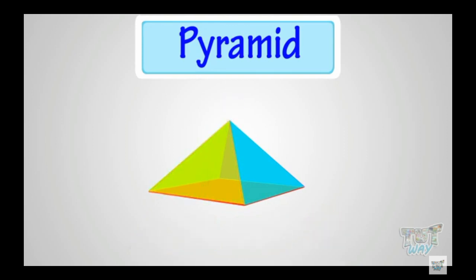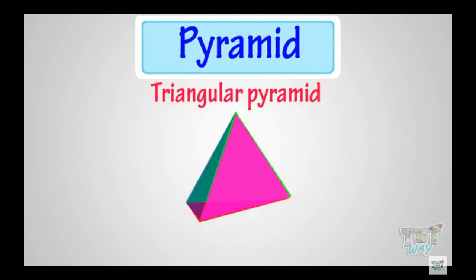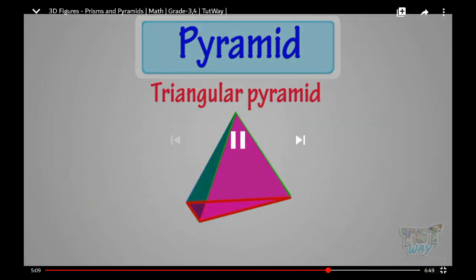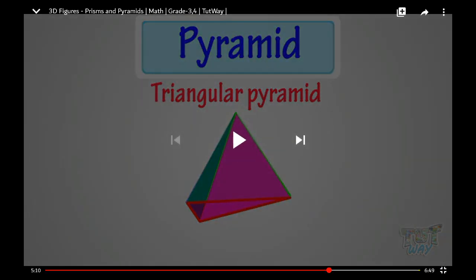Most common pyramids are with triangle and square bases. Here are examples. This is a triangular pyramid because its base is a triangle. We name the pyramid according to its base, as for the prisms.